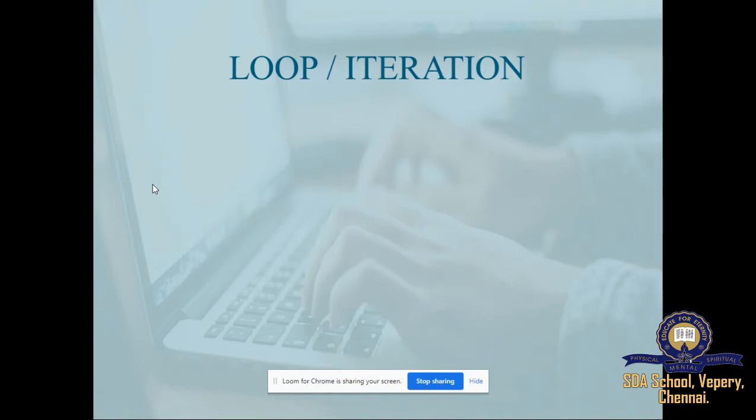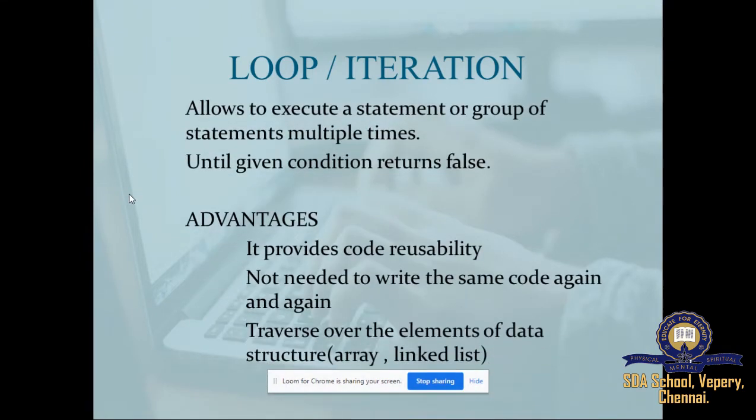So when we want multiple operations, when we are going to execute something multiple times, then we use iteration. It is otherwise called a loop. This loop simplifies complex problems into easier ones. It allows us to alter the flow of the program.